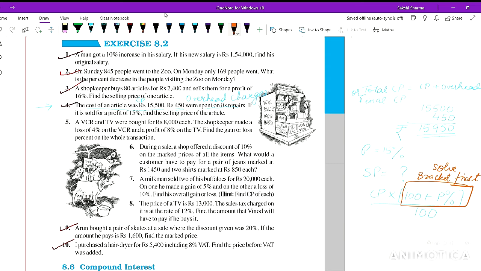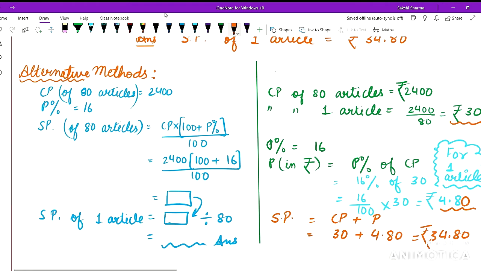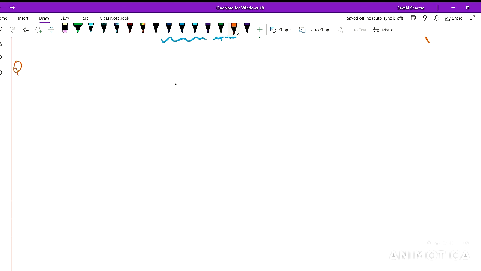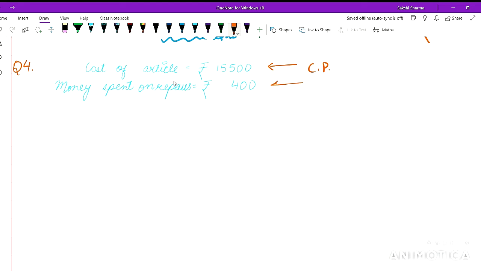Let's write down the answer for this. This will be the CP and this is the overhead charges.